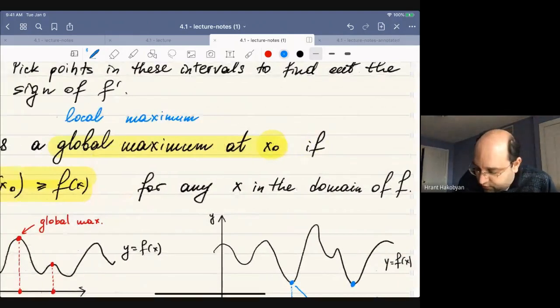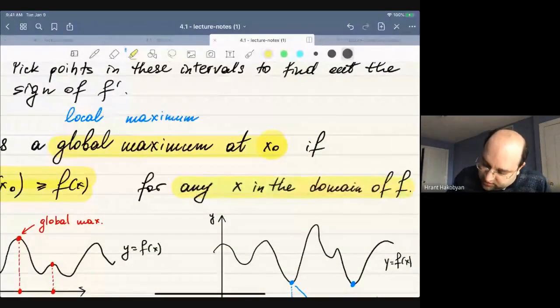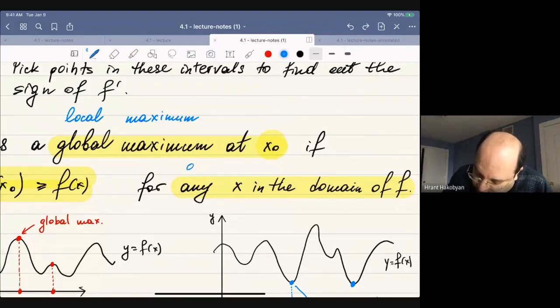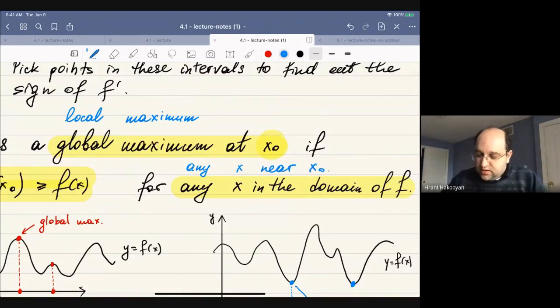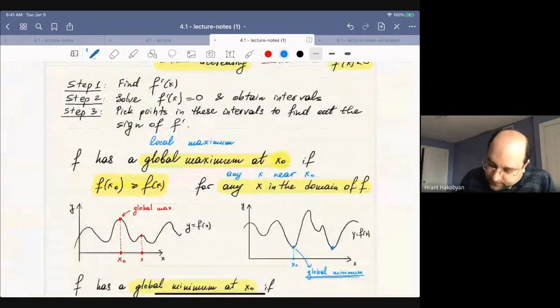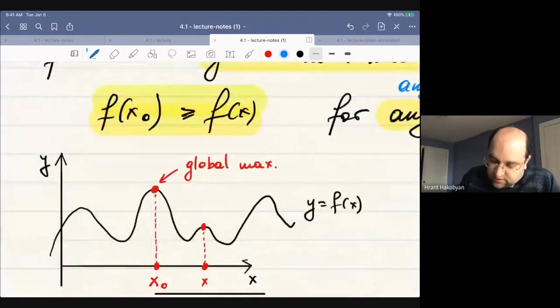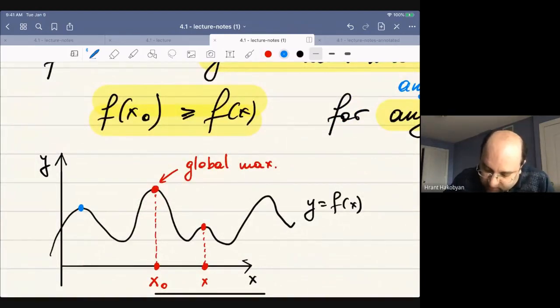I wouldn't say for any x in the domain of f, but I would say for any x near x naught. Okay? So that means on this graph, this point here is a local maximum.